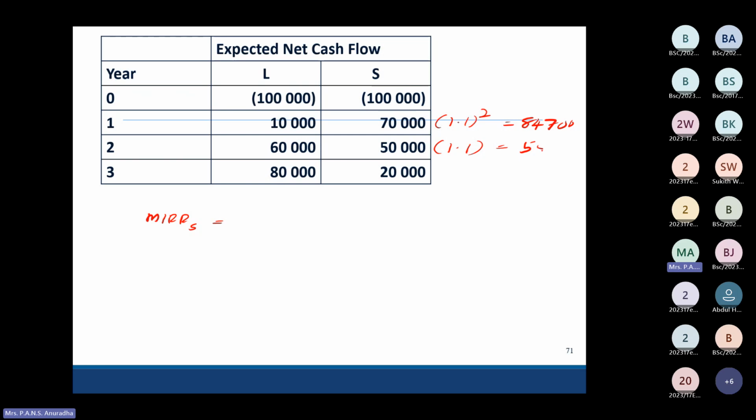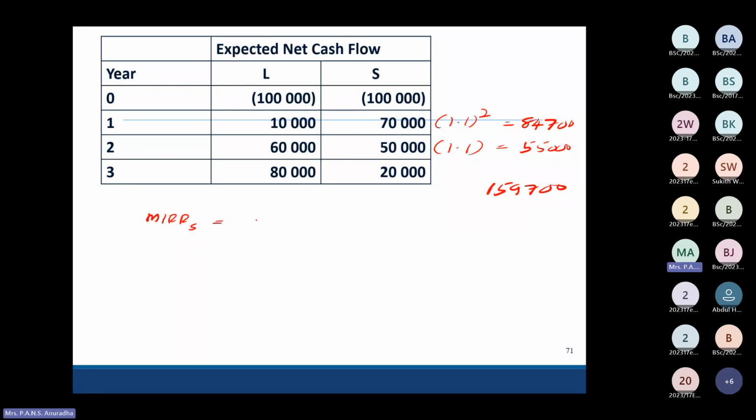55,000. 20,000 you can take as it is. Plus 84,700. So its terminal year value is 159,700. Right. So then you can calculate MIRR.